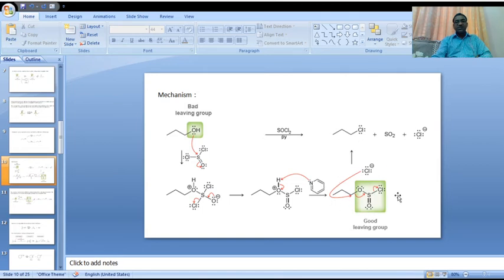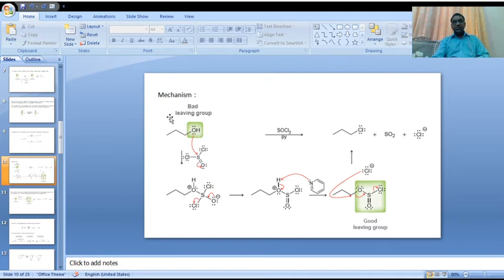First, this is the single step reaction, and this is the mechanism part. In the single step reaction, as already discussed, primary alcohol on reaction with thionyl chloride in the presence of pyridine is converted to alkyl halide, propyl chloride, and sulfur dioxide and chloride ion. How the reaction proceeds we will observe clearly in the mechanism part.